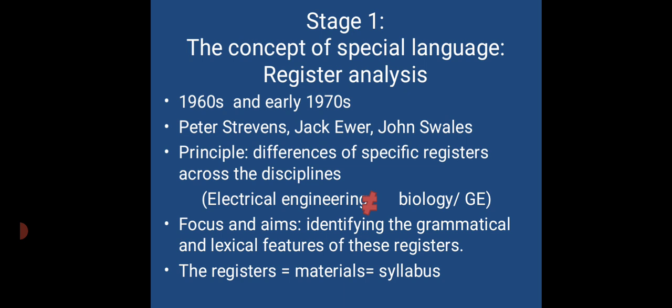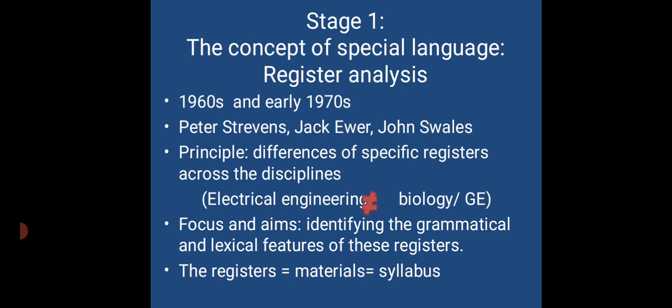Now we come to stage 1. We call it RA, register analysis. It happened in the 1960s and early 1970s, and the theorists are Peter Strevens, Jack Ewer, and also John Swales. Okay, and then there is a principle that we need to remember in RA.